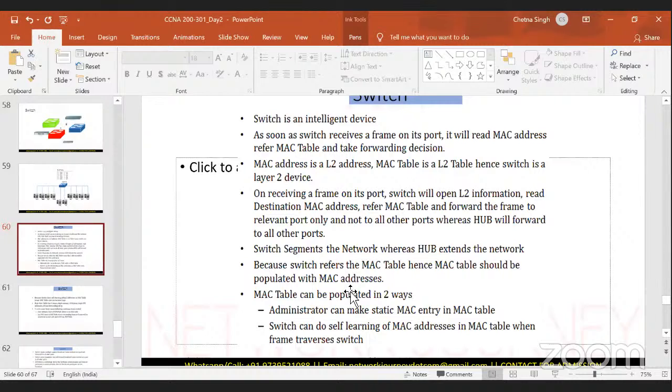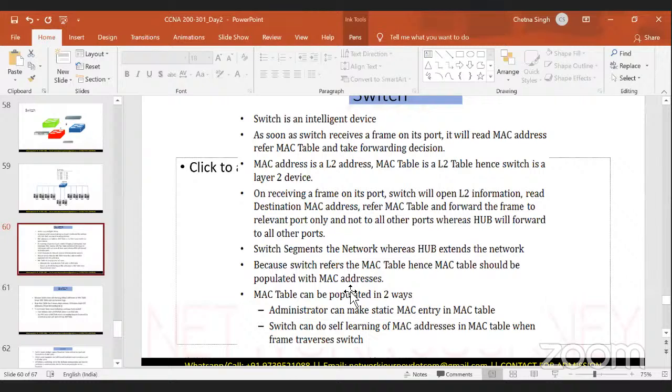As frames travel between any systems, it will try to learn on its own if the administrator is not populating it. Just like yesterday, I didn't do anything inside the switch. Whenever the ARP request was going and the reply was coming, at that time itself the switch made a new entry in its MAC table. So I hope these three to four points are very clear from the slide. It's an intelligent device. It's a layer 2 device.